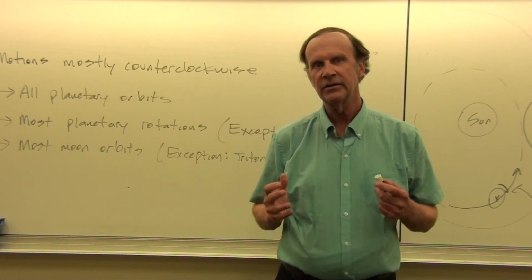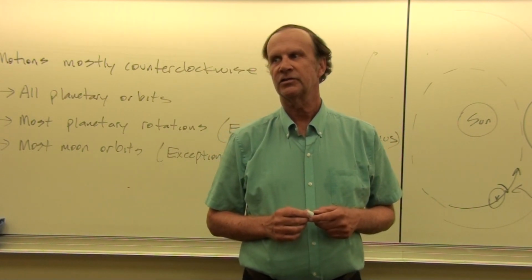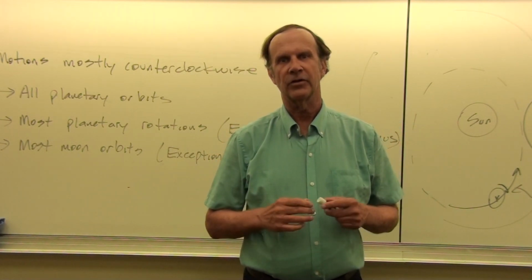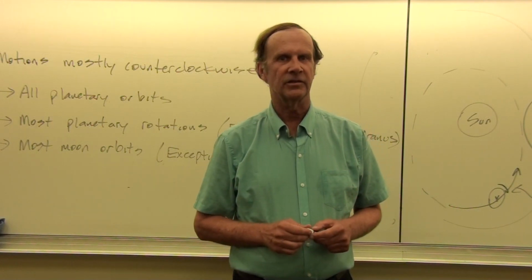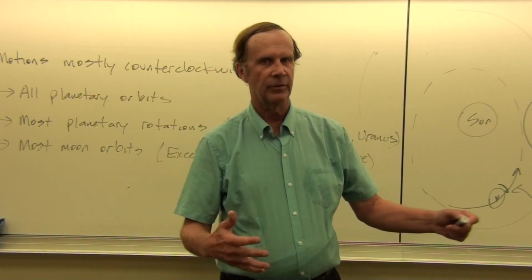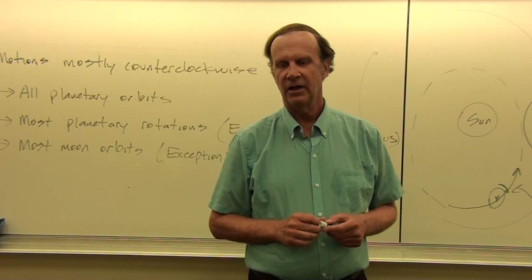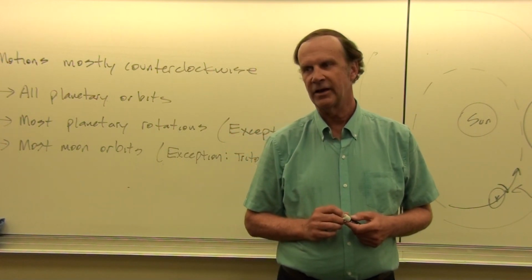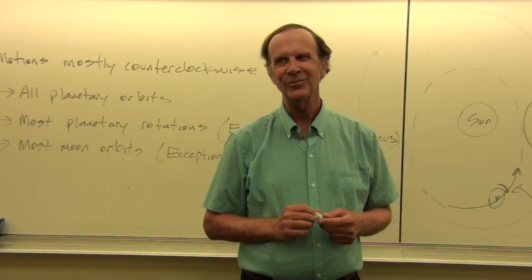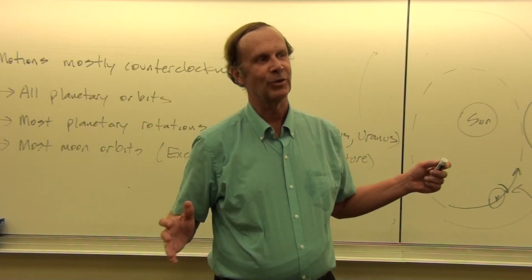And so what we try to do instead is just be really clever about the way that we analyze the light that comes from these distant objects. And we haven't given up on trying to go there, but I think the best we can do for now is just to explore our solar system.